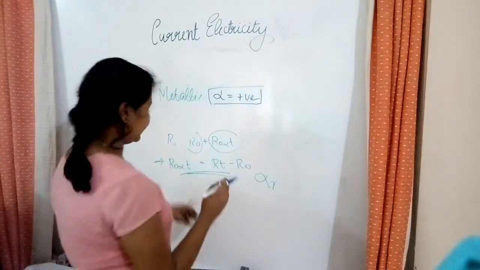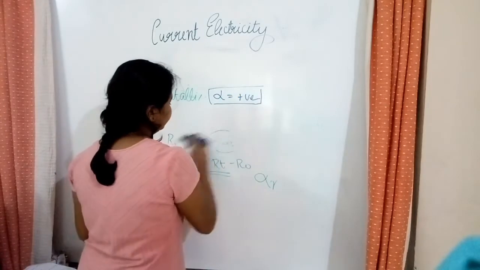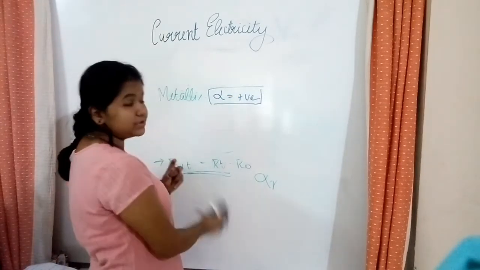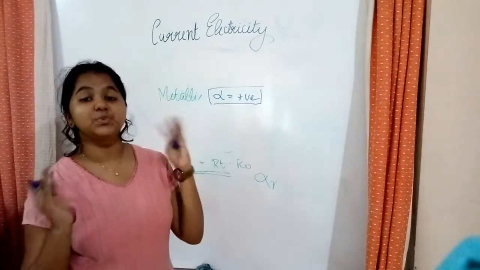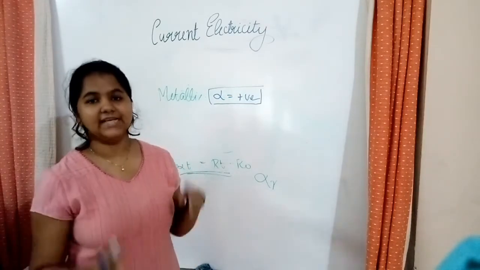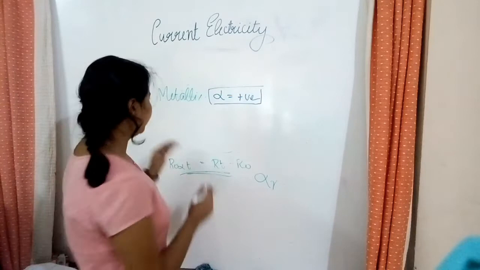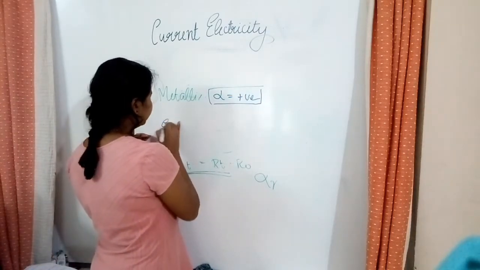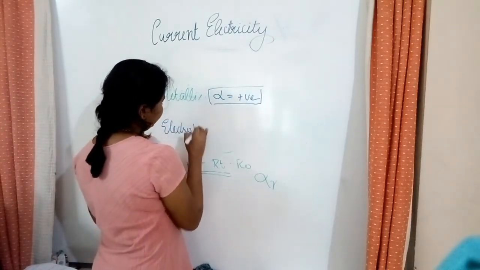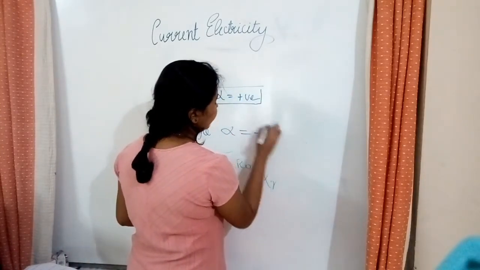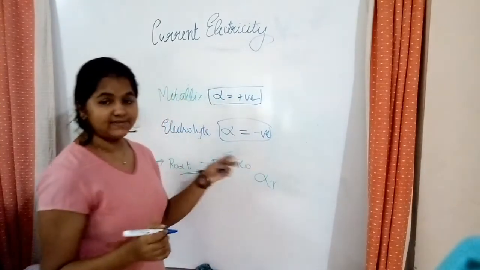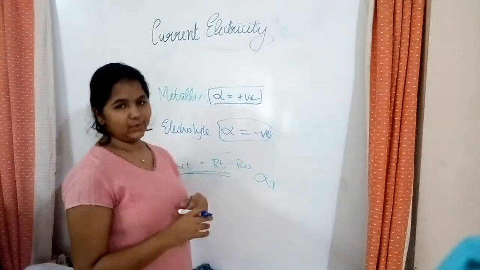The second one is the case of electrolytes. For electrolytes, as temperature increases, the mobility of ions increases, which will decrease the resistance and resistivity. The alpha value therefore is negative. The resistance and resistivity are decreasing, so the alpha value is negative.